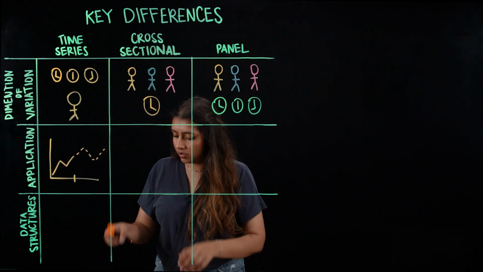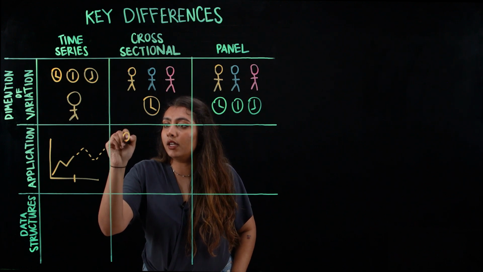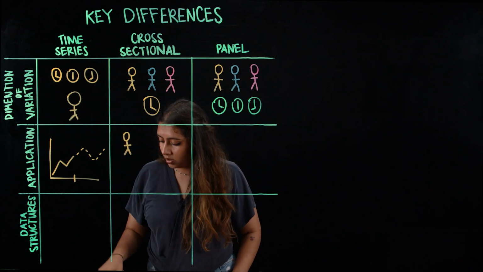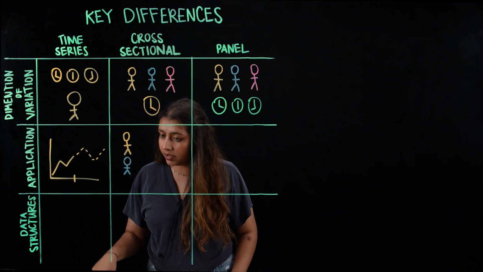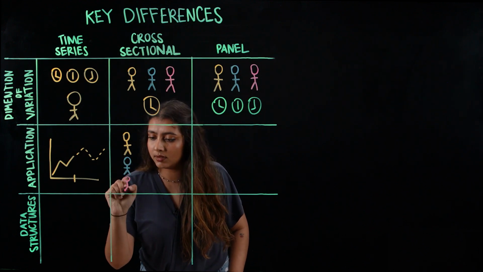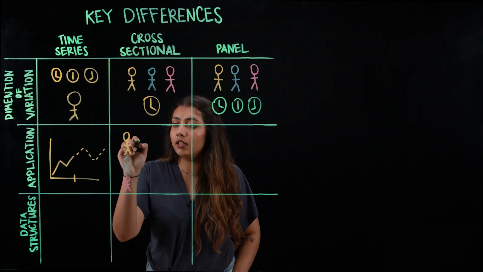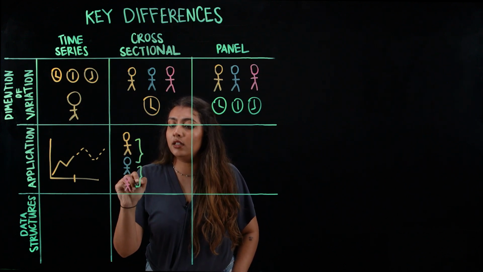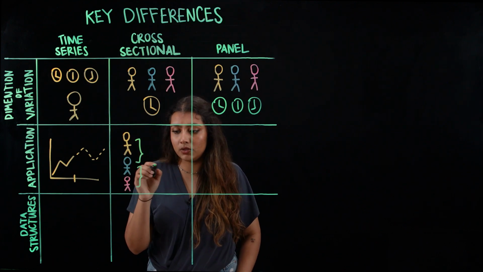For applications, we've got our 3 individuals. We've got Bob, Joe, and Liz. Oh, Liz is a little tiny here. And we're looking at the difference in variations between each of these individuals.